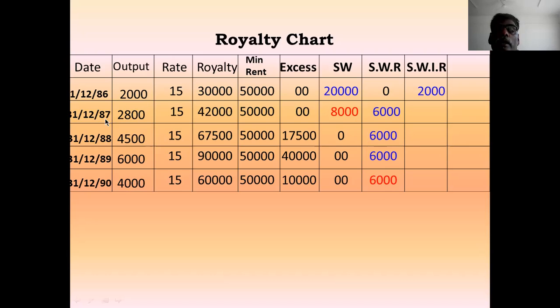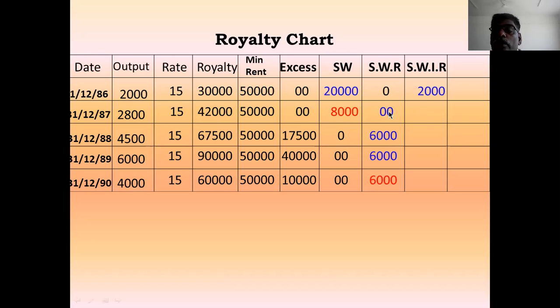So for the year 1987, the irrecovered amount is 2,000 from this 8,000, and this 6,000 is irrecovered because there is no excess amount for recovery. So I transfer this 6,000 and 2,000 from this 8,000, totally 8,000, to the irrecovery column.